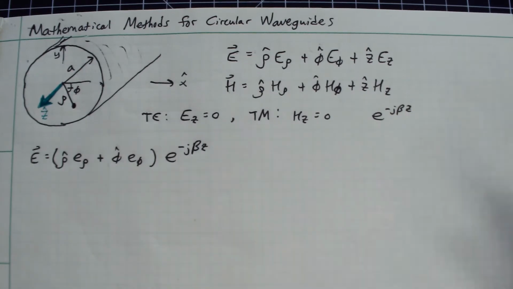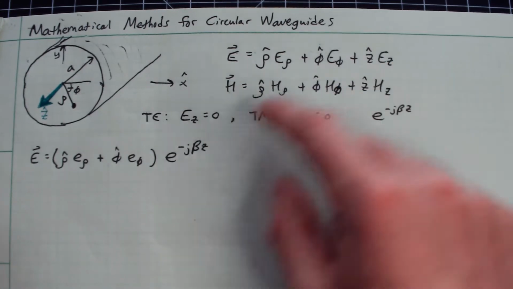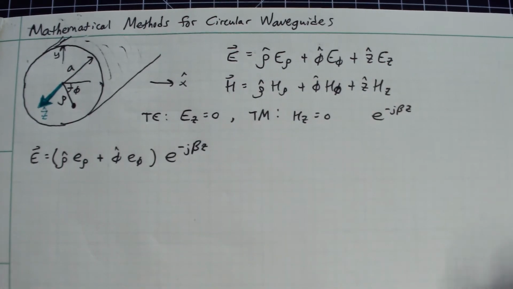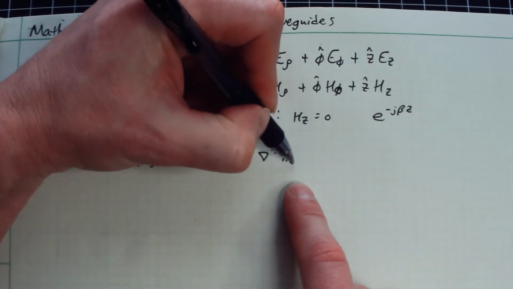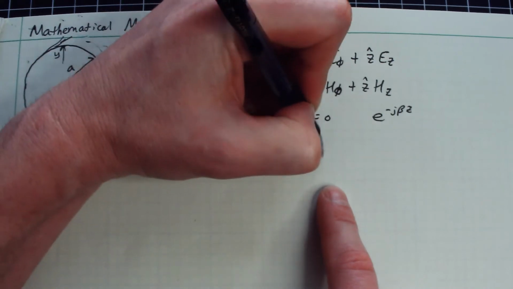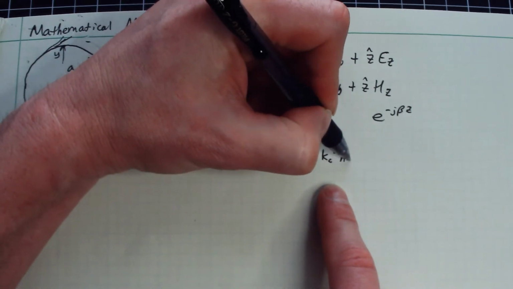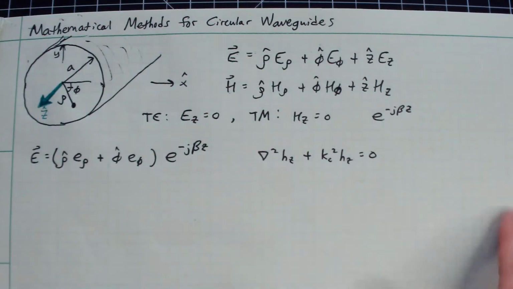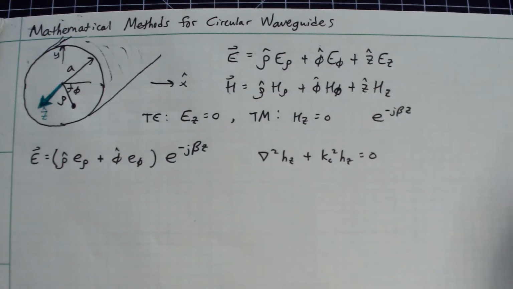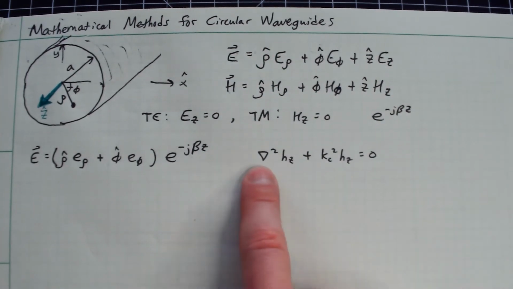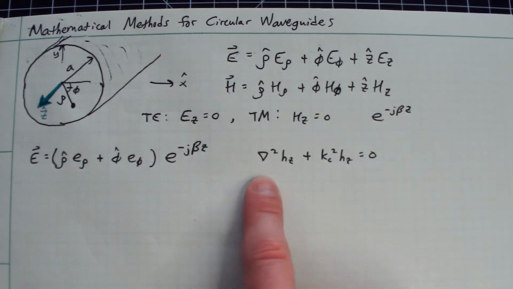Now, we also showed that in any generic sense, if we assume TE polarization, we got a Helmholtz equation on my little h sub z: del squared h sub z plus k squared h sub z is equal to 0. That worked out great, and nothing really changed because we still assumed the polarizations here. The only thing we have to modify is that del squared has to be expressed in cylindrical coordinates.